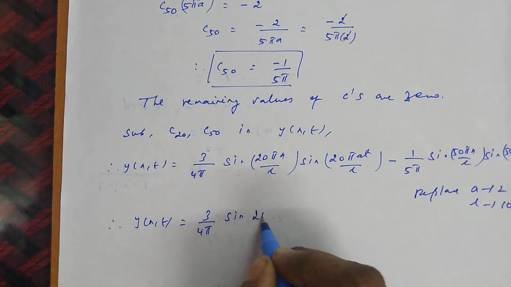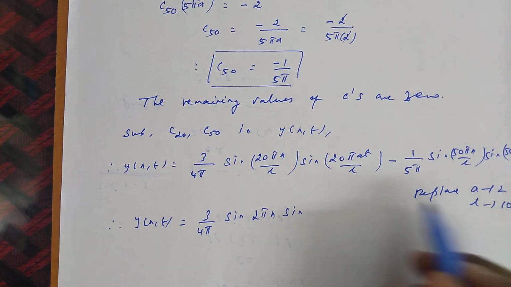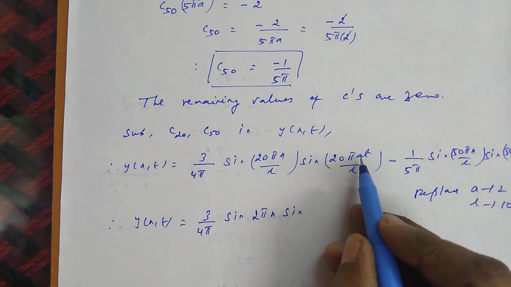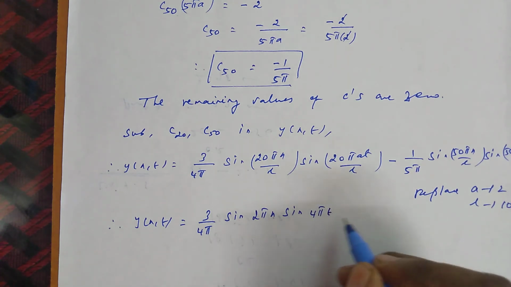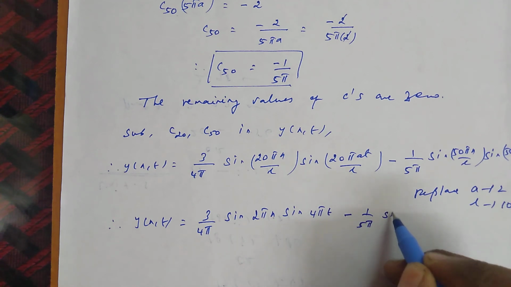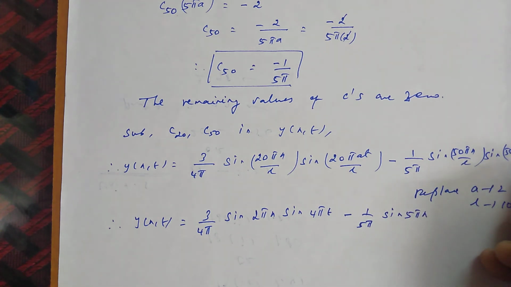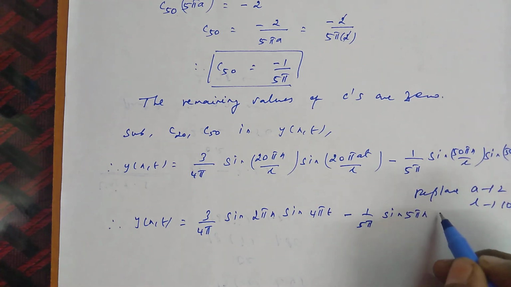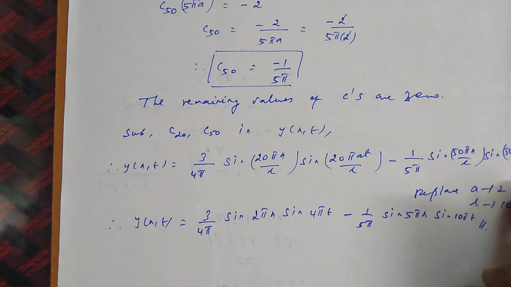So sin 2 pi x into sin, here also L is 10 and a is equal to 2, so 40 by 10, so 4 pi t, minus 1 by 5 pi into sin 5 pi x, because L is 10, and here also L is 10 and a is 2. So we can get sin 10 pi t. Okay, so this is the required displacement function after substituting the values of a and L.